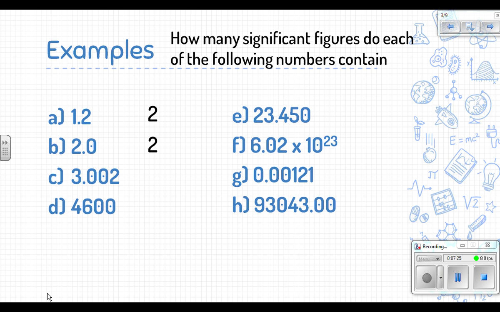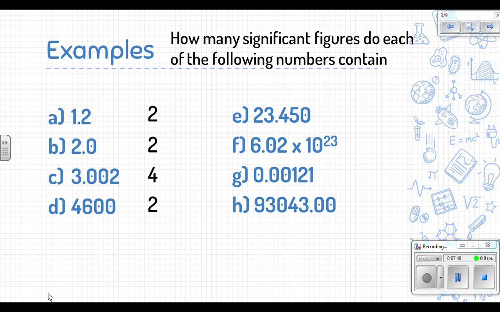Those zeros are sandwiched. The 3 and the 2 count because they're non-zero digits, so all 4 of them count, and that's 4. On D, we have 46,000, and those zeros are trailing zeros, but there's no decimal in the number, so they don't count. So that's only 2 significant digits.